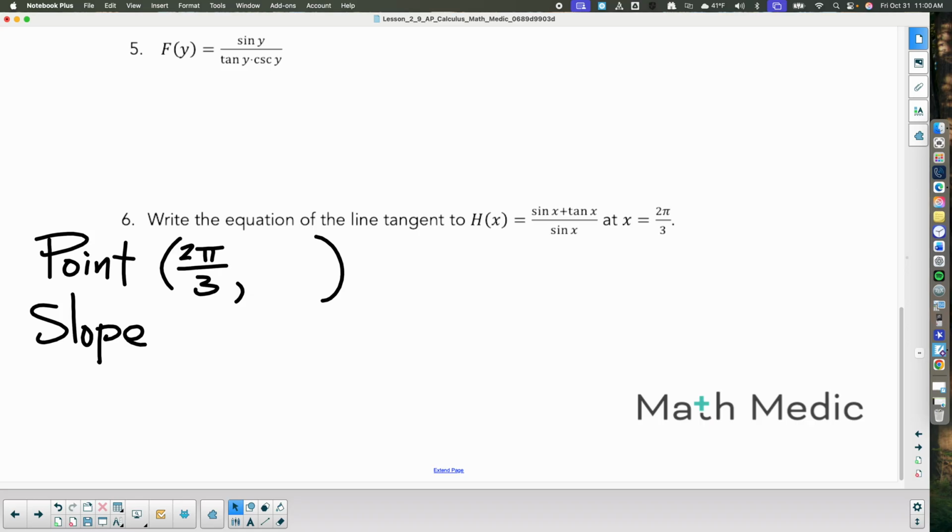Okay, and then does it just cancel out? Like you just get rid of the sine of x over sine of x? It turns into 1. So it'd be 1 plus tangent of x over sine of x.